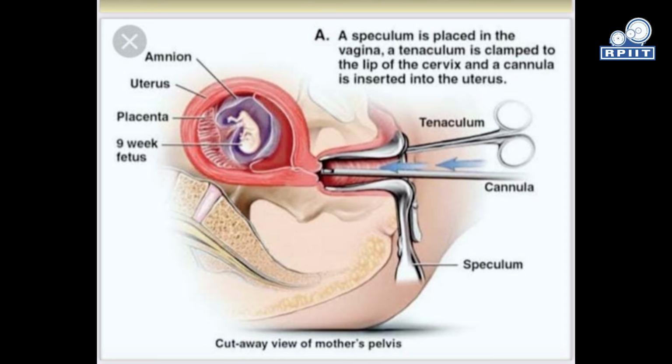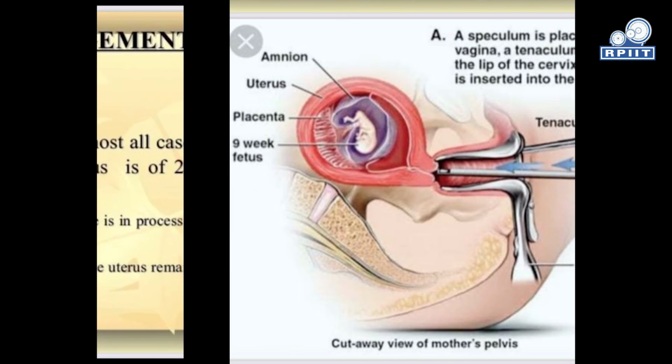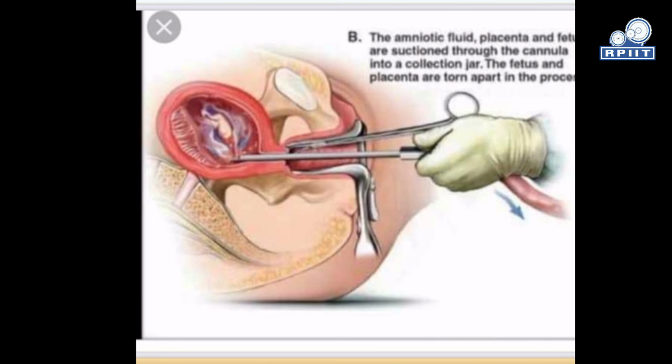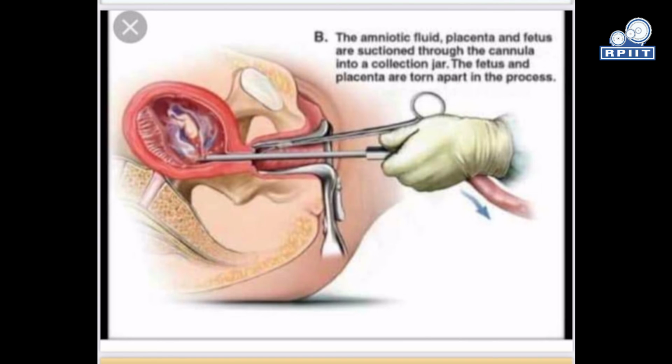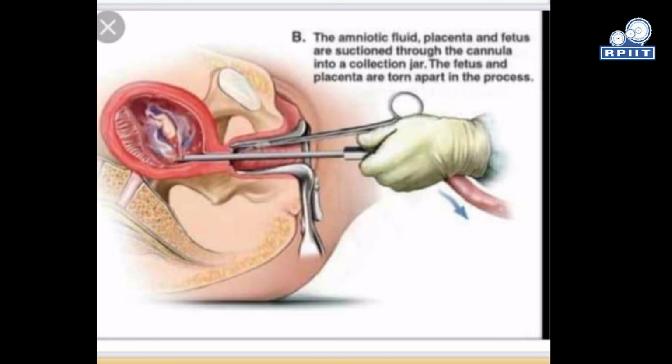In group B, the amniotic fluid, placenta and fetus are suctioned through the cannula into a collecting jar. The fetus and placenta are removed apart in the process.